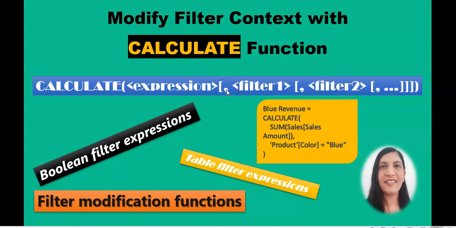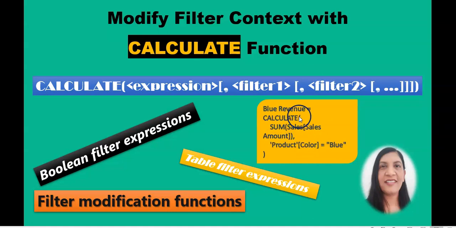After giving an expression, after the comma you need to give a filter. Whatever you want to filter can be in the form of a condition, like in this example, where it's only looking for a blue color product.